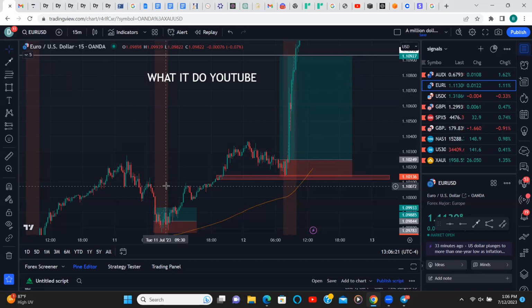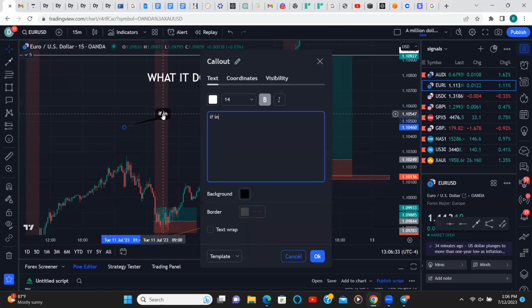What I mean by look for sells and look for buys, anything going against the US dollar is going to buy if inflation is lowered. So I'm going to write that down for you all real quick. So if inflation is lowered, that means that anything versus the US dollar is going to buy.